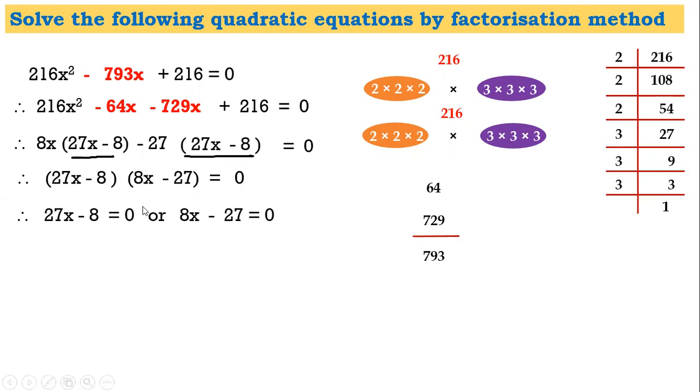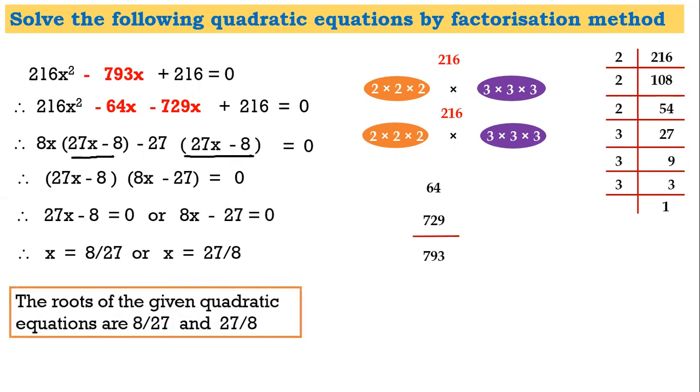Now 8 shifts that side, 27 comes in the denominator. So x will be 8 upon 27. Or in this case, minus 27 goes that side, plus 27 and 8 gets divided. So 27 upon 8. Then the final answer, the roots of the given quadratic equation, is 8 upon 27 and 27 upon 8. Now this is one of the tricks for such type of sums that can be used.